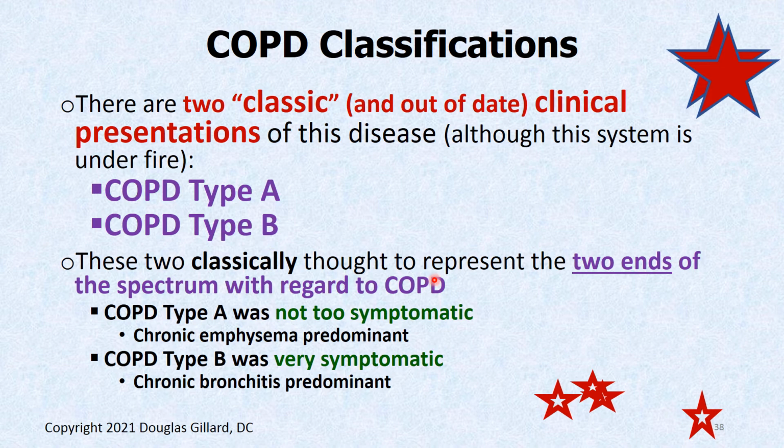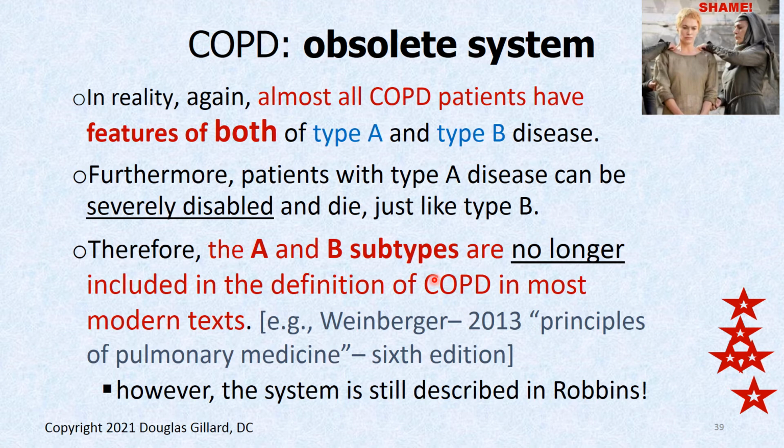And it's ridiculous. Type A, we'll learn, is chronic emphysema, and people die all the time from it. Type B is chronic bronchitis, and they die from that as well. But some people don't. It's silly to put these two together. Come on, Rubens and Robbins, let's get up to speed here.